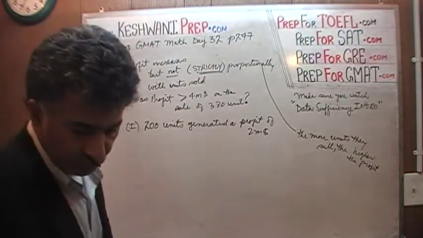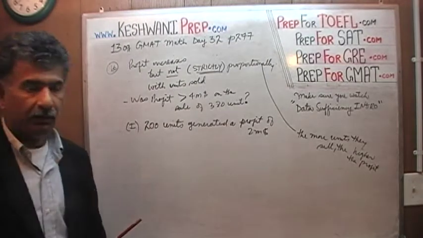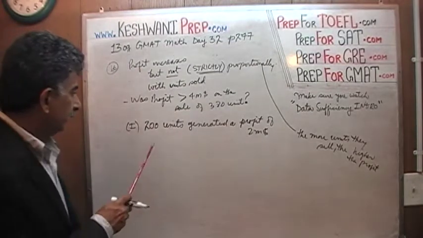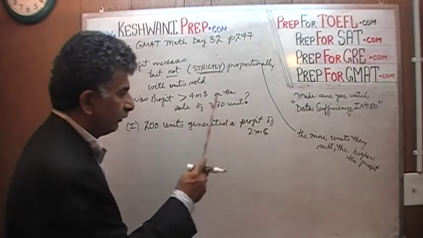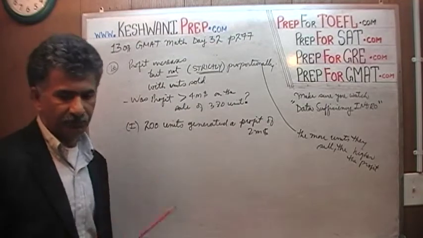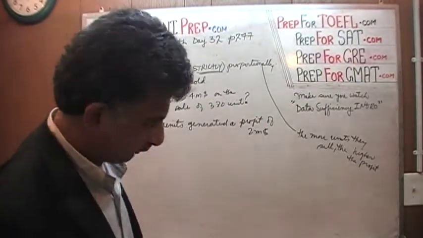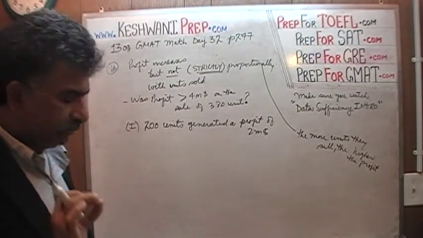Now, just because 200 units made a profit of $2 million, some people might assume that therefore the sale of 400 units will make them a profit of $4 million and so on and so forth. You can't make those assumptions. That will be the case of strictly proportional. This is not strictly proportional. All we know is that the more they sell, the more profit they make. But how much more we do not know.